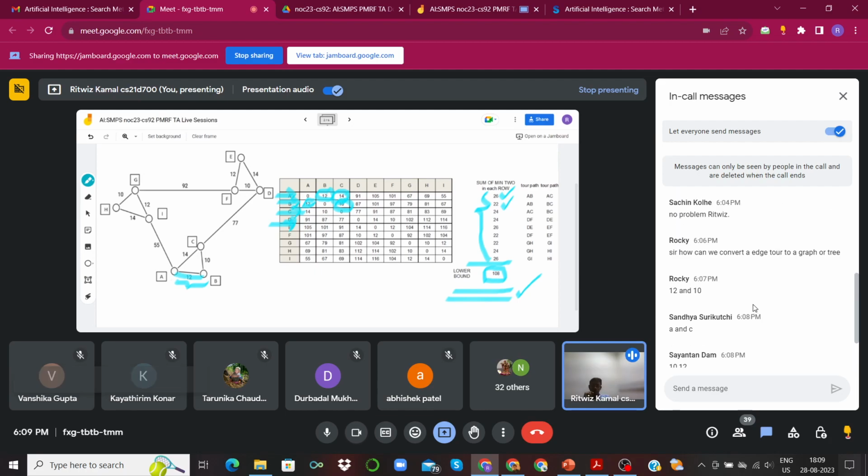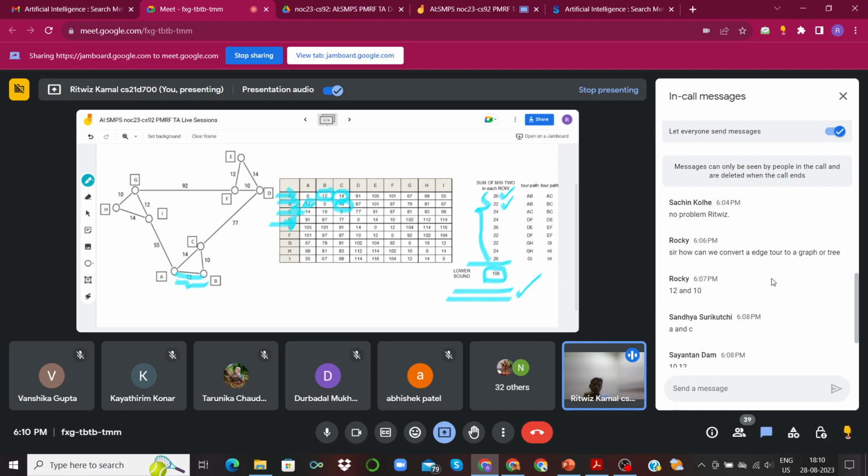Okay, just to address one of the queries in the chat, how can we convert an edge tour to a graph or a tree? What you can do is start from a particular node and then see what are the different directions you could go from that node through the edges. Let's say we have something like this A node over here. From A you could go to either I or C or B, with the different costs of the different edges.